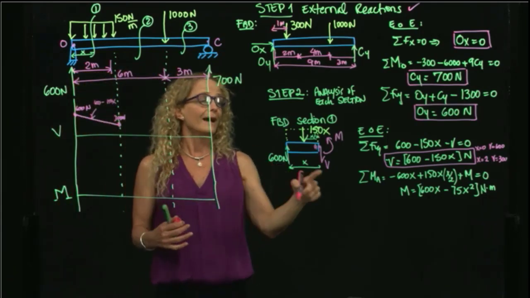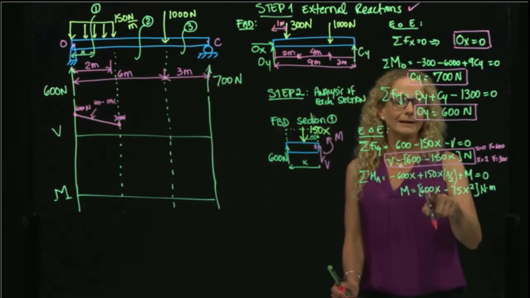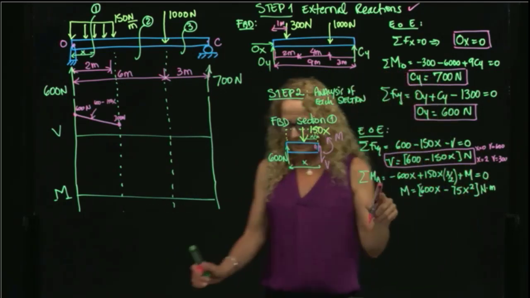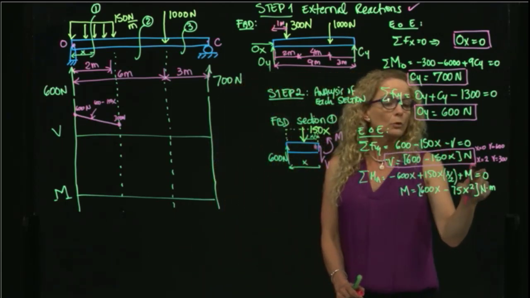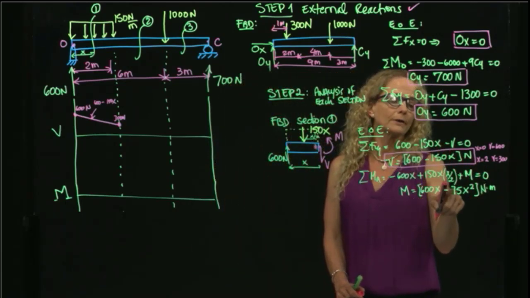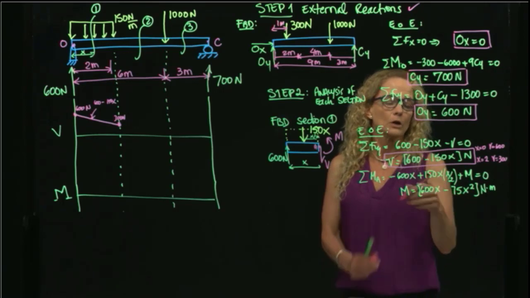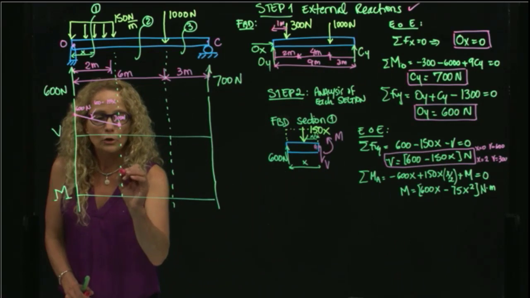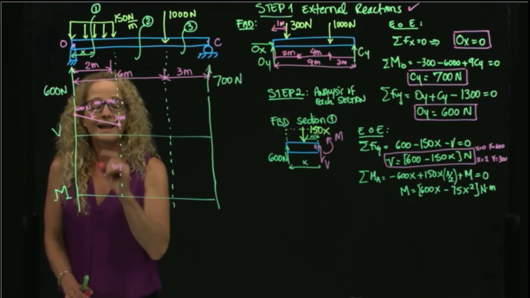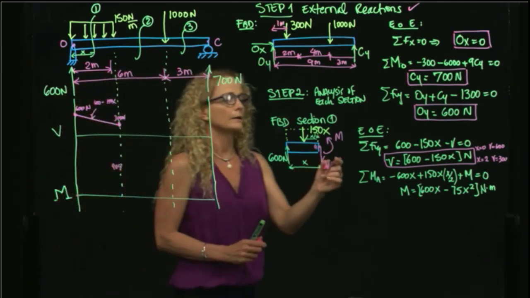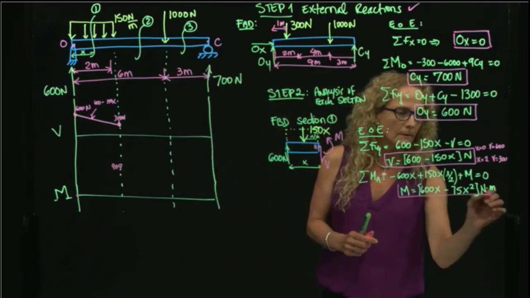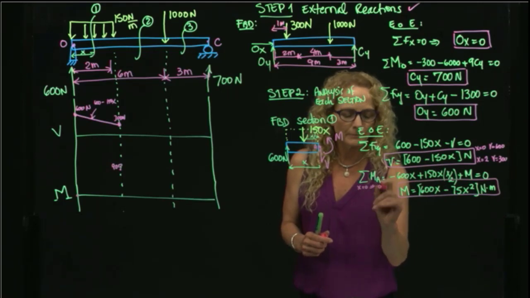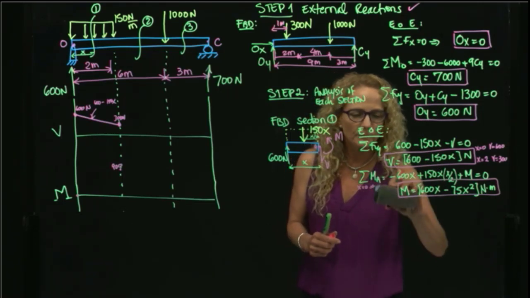And for the moment, if I evaluate at x equals 0, I get 0, right? And if I evaluate at x equals 2, I get 600 times 2 minus 75 times 4, right? And I get this value, I have it right here, it is 900. So this is 900. And how do I get from 0 to 900? For x equals 0, the moment is equals to 0.